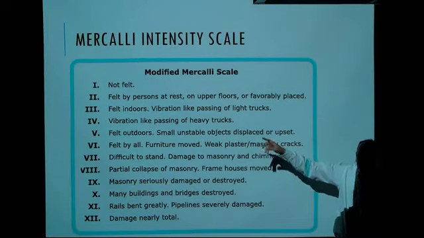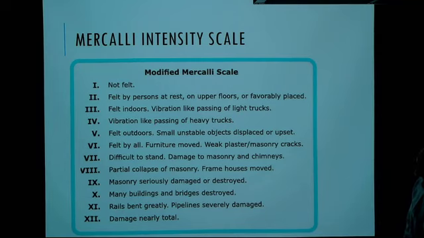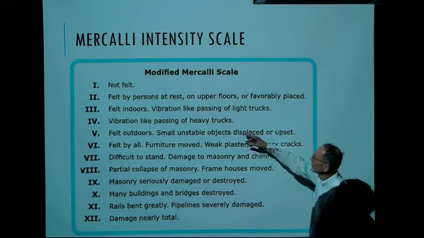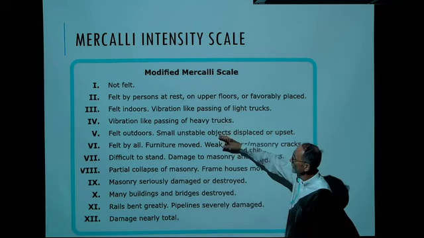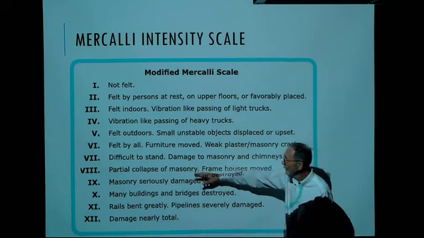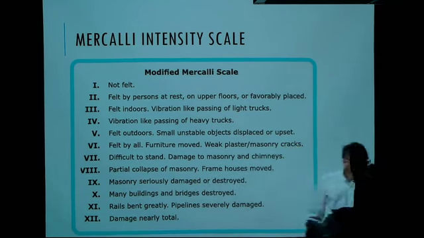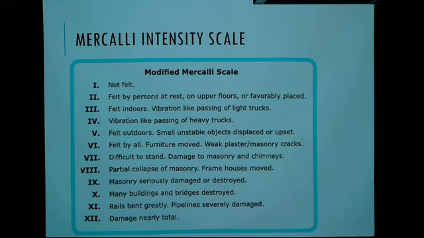They use Roman numerals here. 1 is not felt, 2 is felt by persons at rest, on upper floors, felt indoors, vibrations, feels like a heavy truck going by, felt outdoors, felt by all, difficult to stand, partial collapse of masonry, masonry seriously damaged, and so on and so forth. So again, this is powerful because you can go back in time and evaluate histories before there were seismometers.